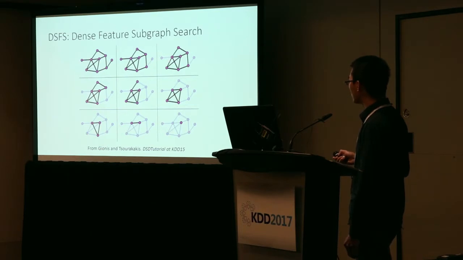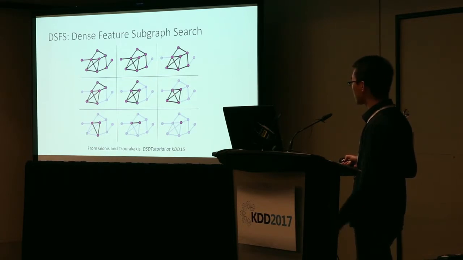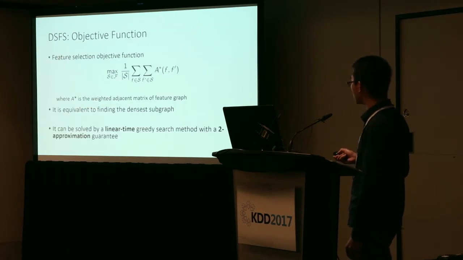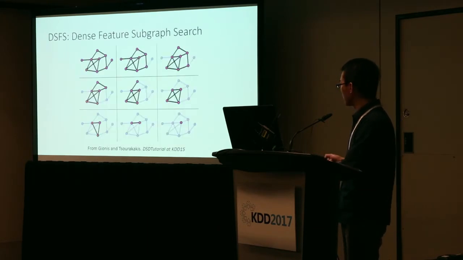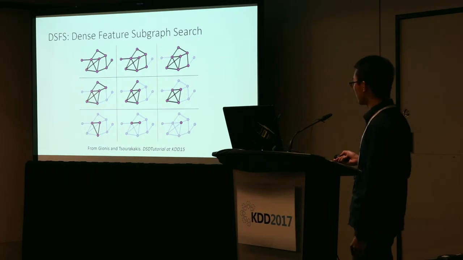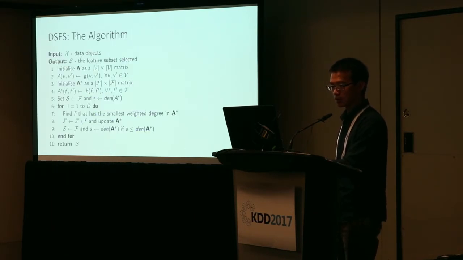Then go to the next stage to remove another node which has the smallest degree, going through all the nodes until one node is left. We use the subgraph which has the largest subgraph density. The density is defined in this way. Such a dense subgraph can be used as the feature subset for the following outlier detection.